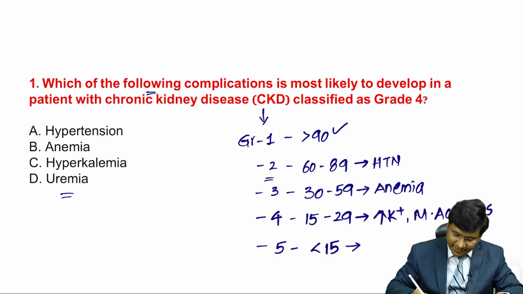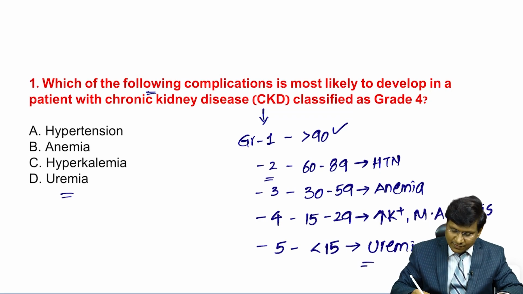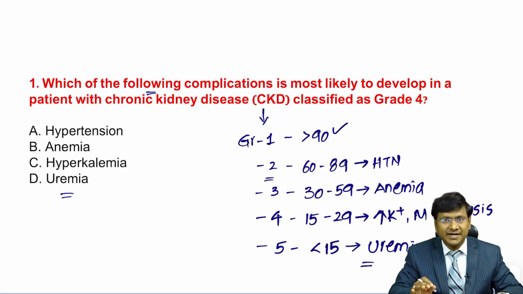And in grade 5, these patients will have the features of uremia, that is uremic encephalopathy, pericarditis, pleuritis, gastroparesis, band keratopathy, and peripheral neuropathy and genitourinary abnormalities. These are the features you will have in end-stage renal disease when the GFR is less than 15 ml per minute per 1.73 meter square.